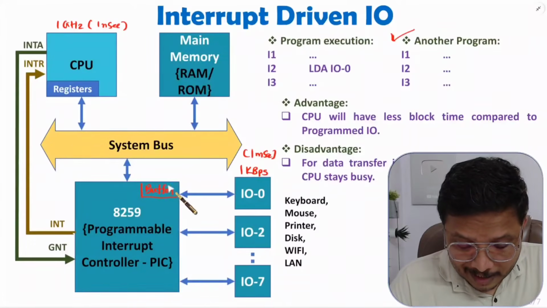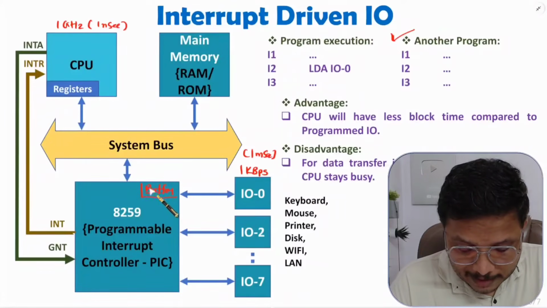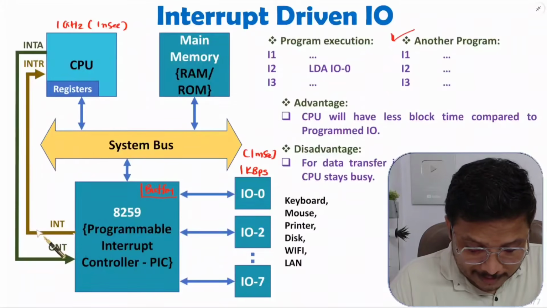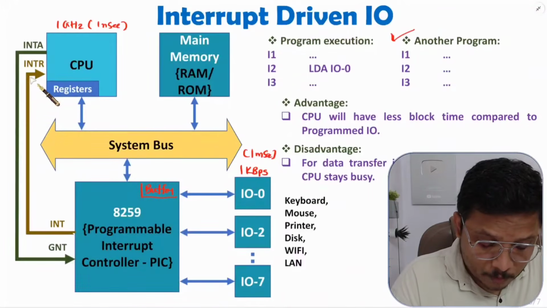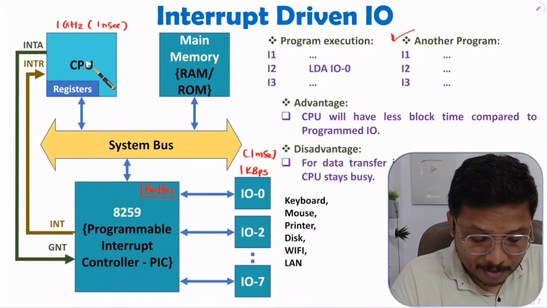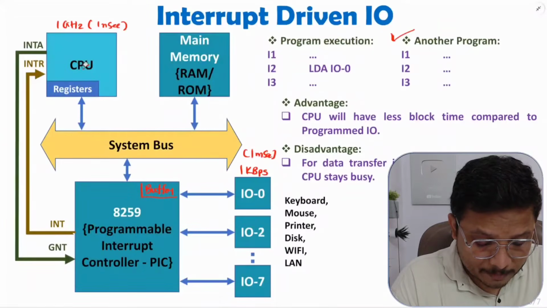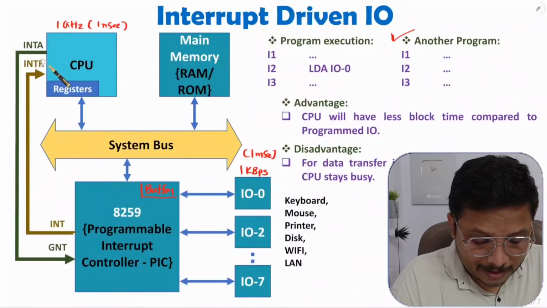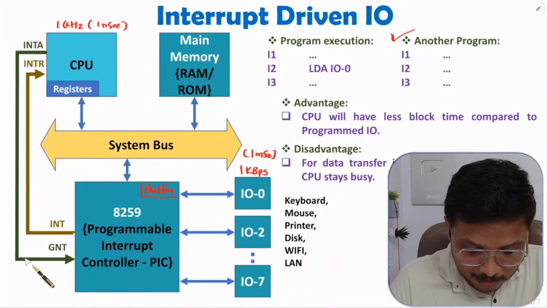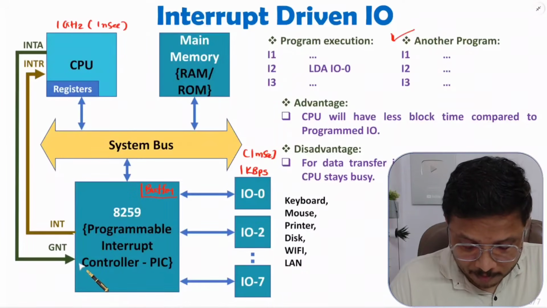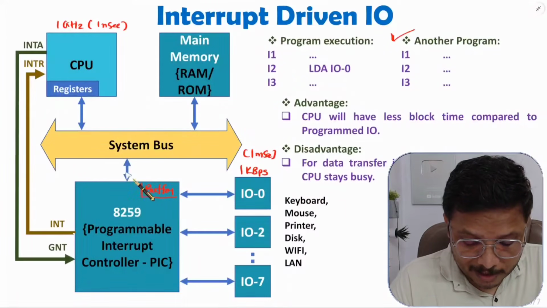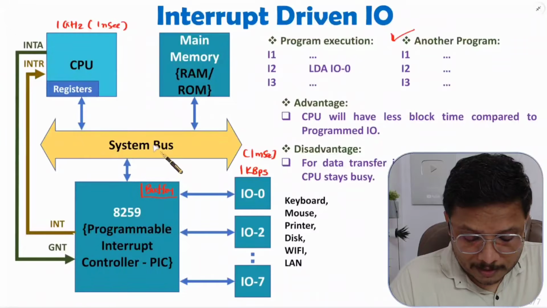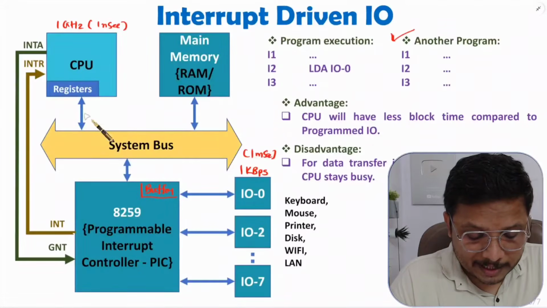Once the data completely fills the buffer, the 8259 IC gives an interrupt to the CPU. The CPU gets to know that an interrupt was given by the 8259 IC and gives an interrupt acknowledgement to it. Once that acknowledgement comes, the 8259 IC places the data on the system bus. After that the CPU reads it.